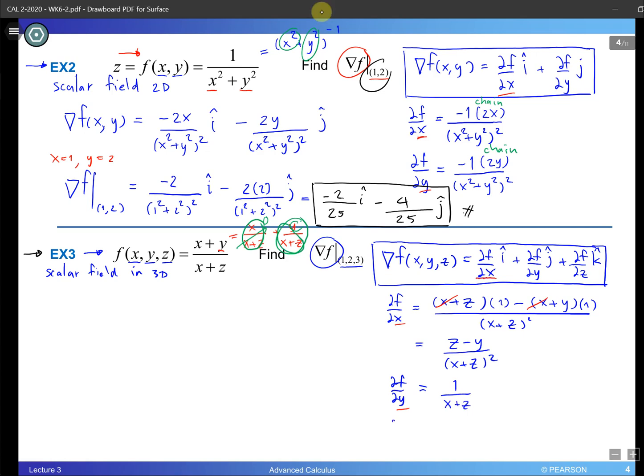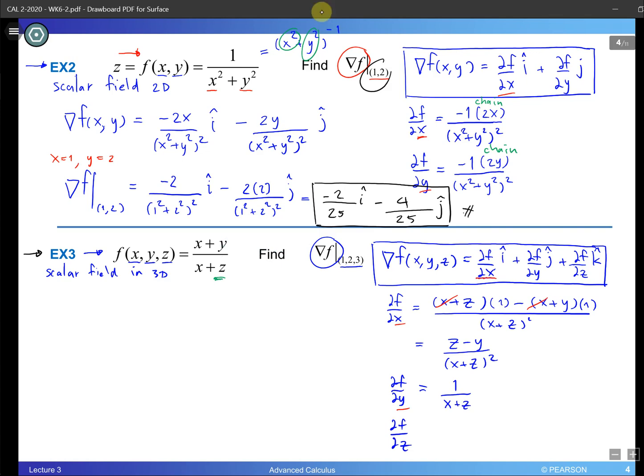Now, df by dz for the last one. And I need to erase this again. And we are supposed to diff this with respect to z. As you can see here, we have this z at the denominator of this fraction. So we are supposed to apply some trick to make this easier to differentiate.